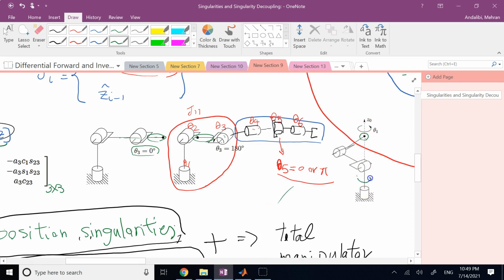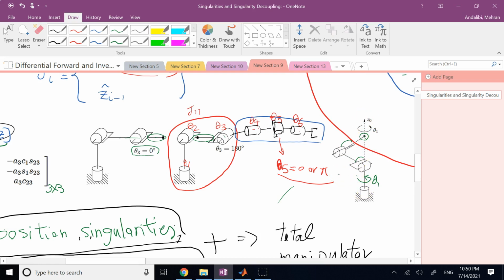In this case, if you remember, we had infinitely many solutions for theta 1. So that is also another singularity. So in general, this robot has 5 singularities, right? 2 for theta 3, 2 for theta 5, and 1 for this combination of theta 2 and 3 that makes the wrist go on the z-axis.